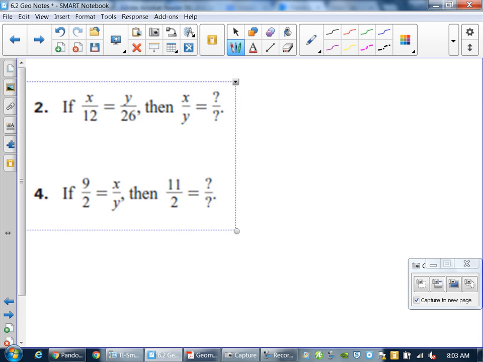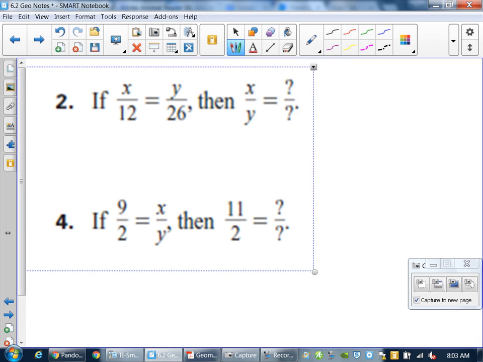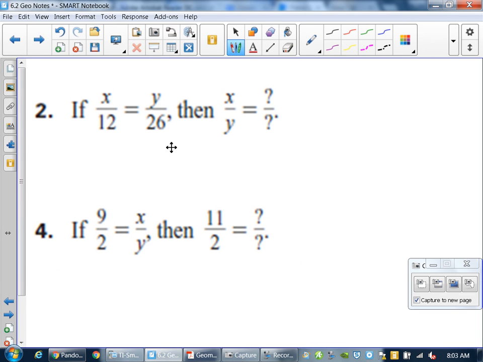Okay, same idea. X over 12, y over 26. What's the next fraction have to equal?